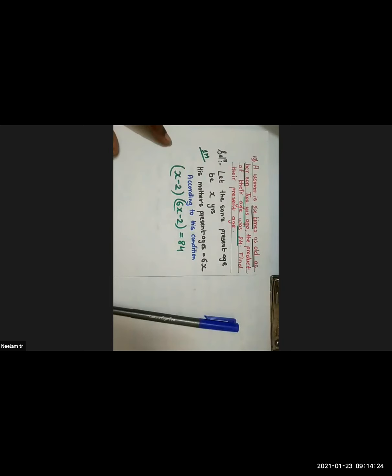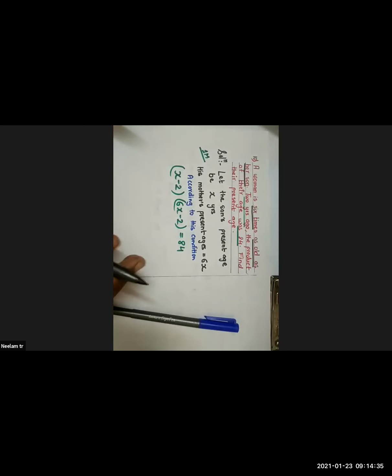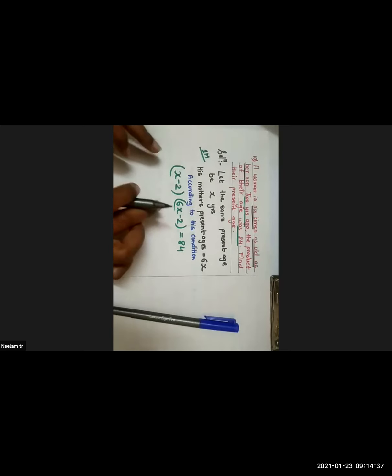I hope till here everything is clear. See, this much you have written. If in your exam, this much you have written, you will get 1 marks. And if you understood this much, the rest part you'll solve very easily, because I hope you all are very much expert after this.